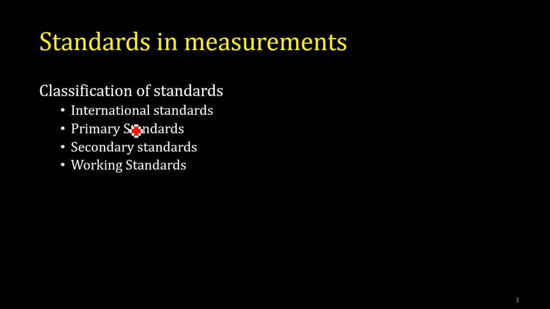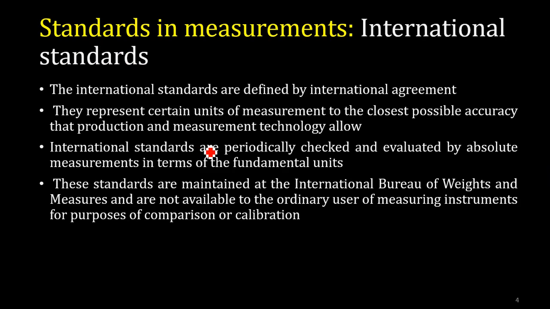So the standards are generally classified into four. Those are international standards, and then you have primary standards, secondary standards, and finally working standards. The international standards are defined by international agreement. These are internationally accepted, and they indicate the maximum possible accurate value of a particular measurement with the technology that is available.